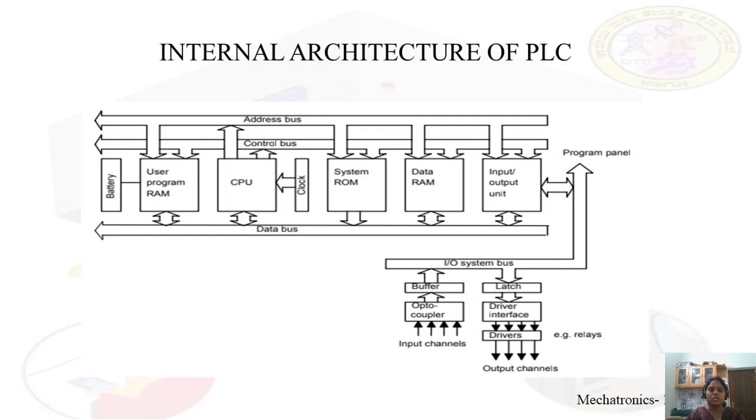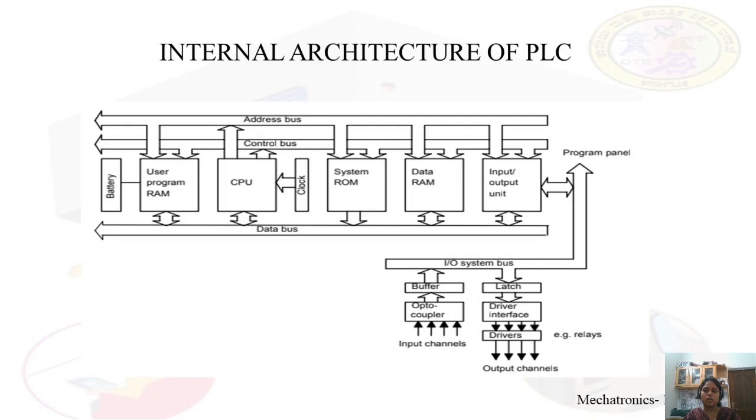Generally in the PLC, the inputs are continuously monitored and the status of the terminal is copied from the input module and given to the RAM memory. It is divided into 2 sections: one is the input image file and the other is the output image file.